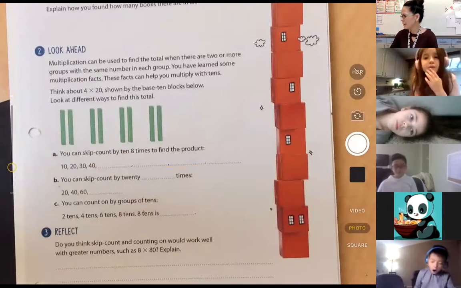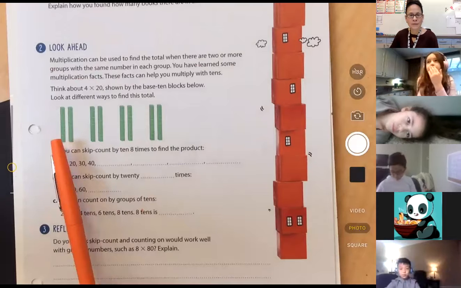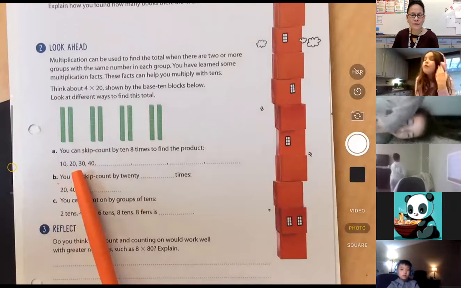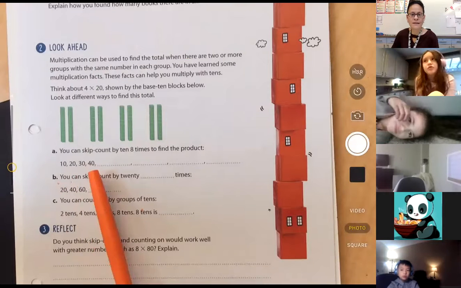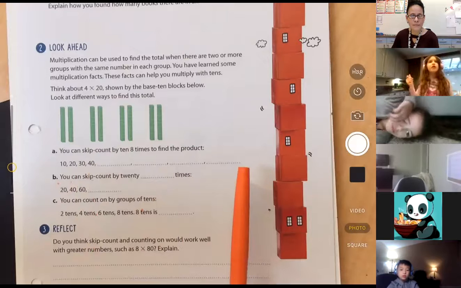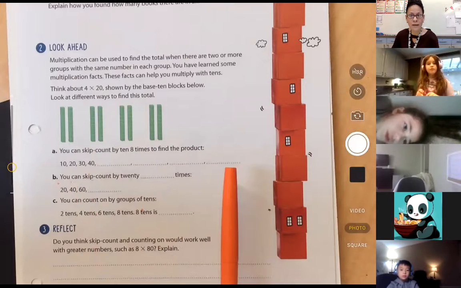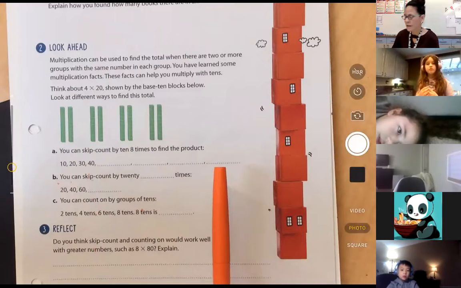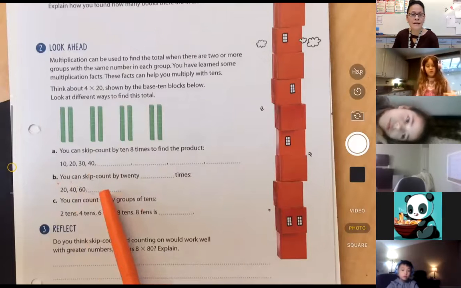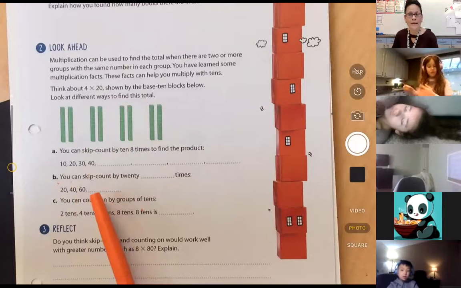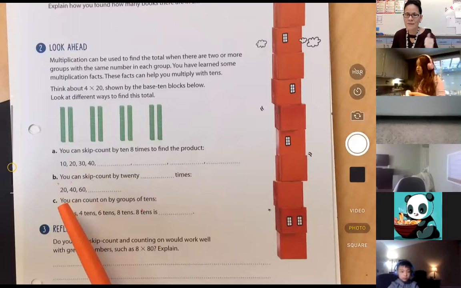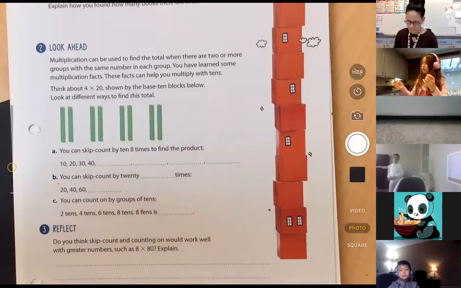You can see here multiples of 10. Take a look at the skip counting. 10, 20, 30, 40, 50, 60, 70, and 80. You could also skip count by 20 if you wanted to. As you can see, 20, 40, 60, and of course, 80. Or again, the mental math strategy of 2 times 4, adding the 0 back in. Okay?